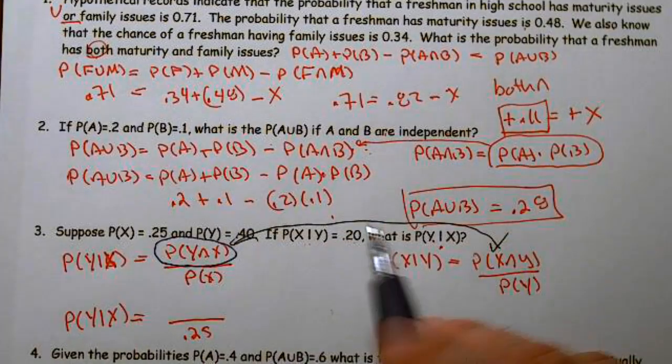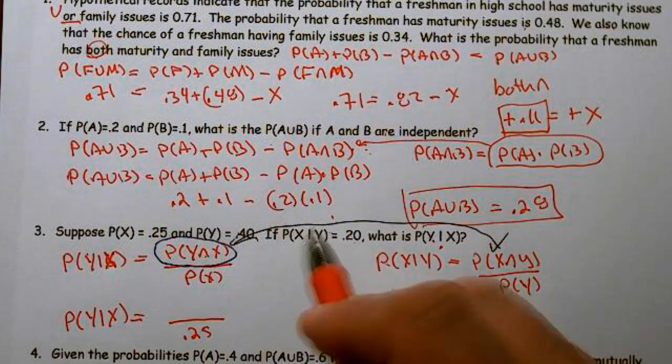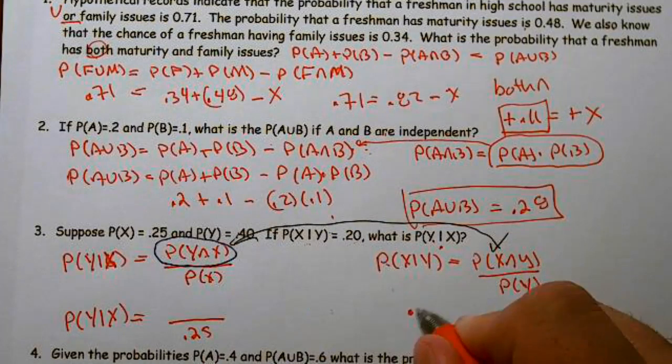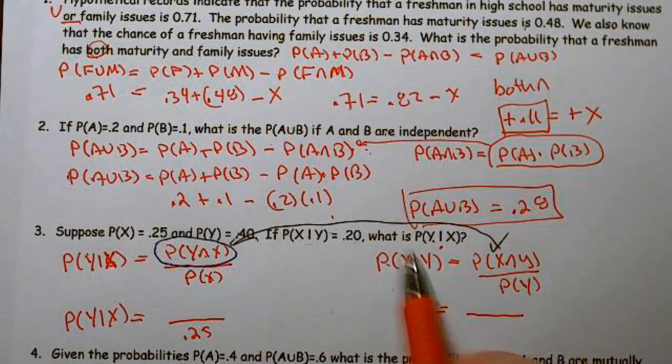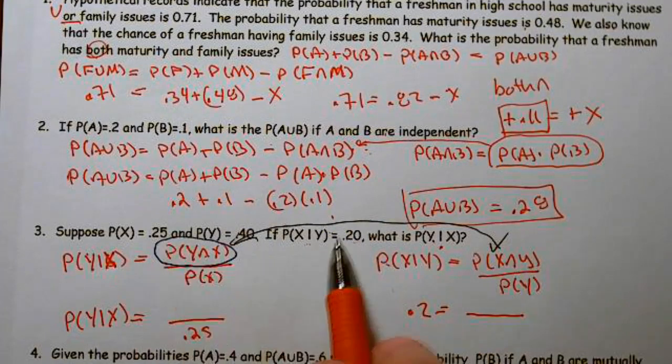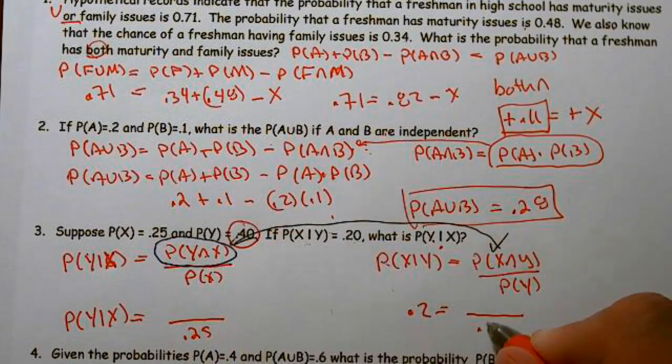So they told me that the probability of X given Y is 0.2. So we know this is 0.2. We know the probability of Y is 0.40. That's right here, although I kind of covered it up. But I don't know the probability of the intersection.